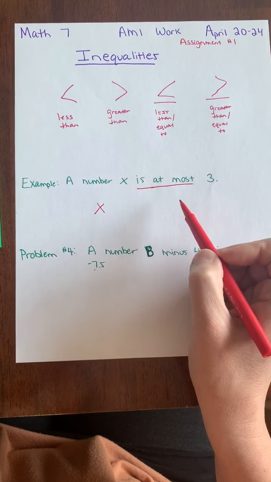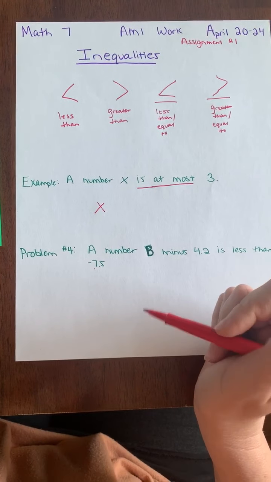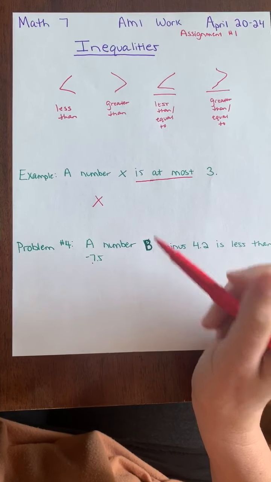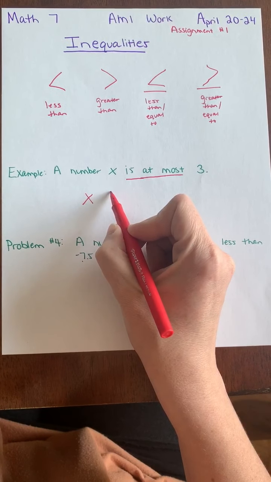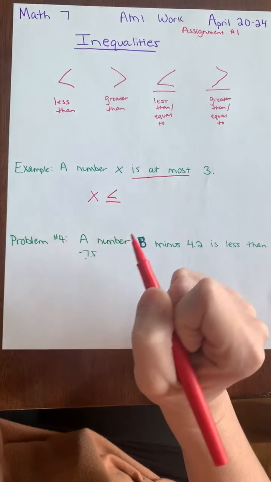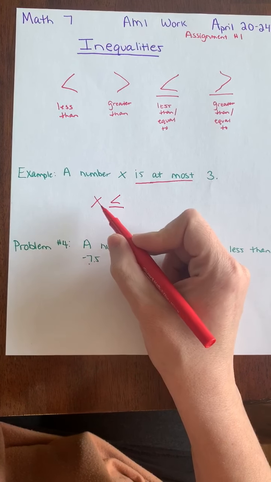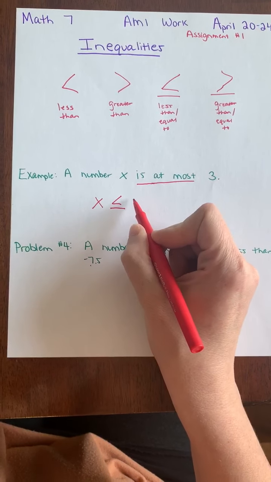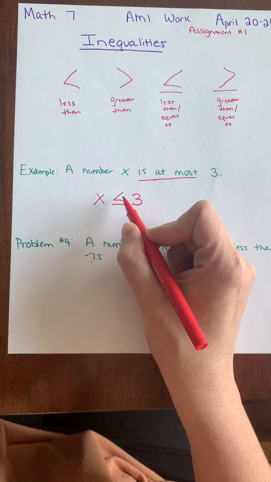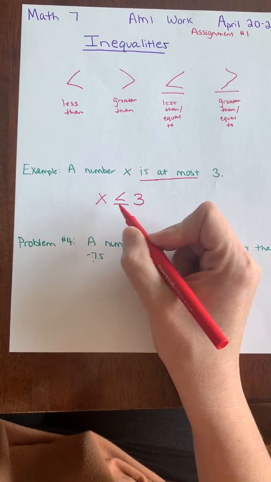If you look at the top of your notes for the keywords, when you see is at most, that's going to tell you to use the less than or equal to sign, which means that x, whichever number we put in for x, can be 3 or anything less than 3. It can't be bigger than 3.